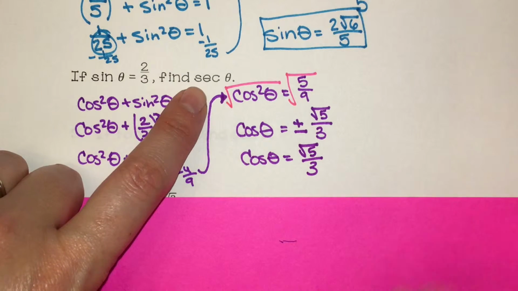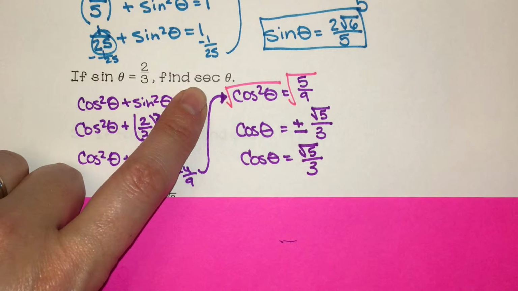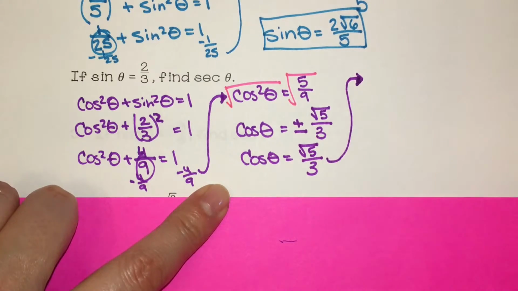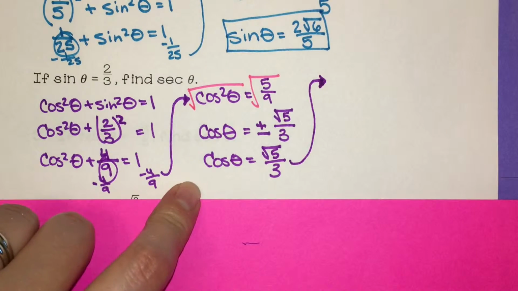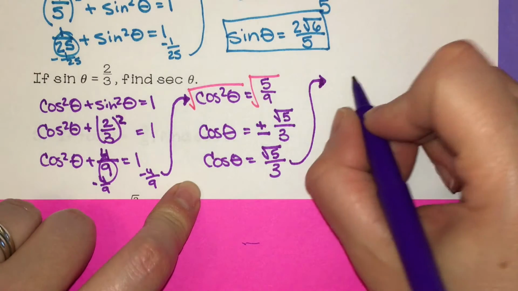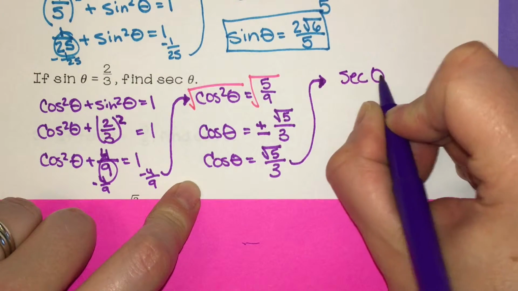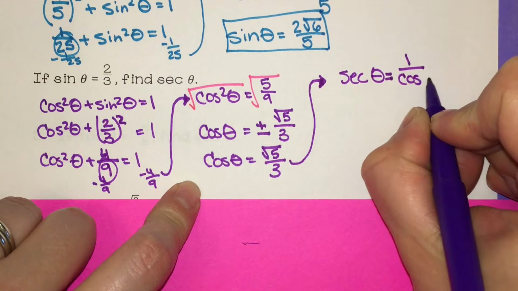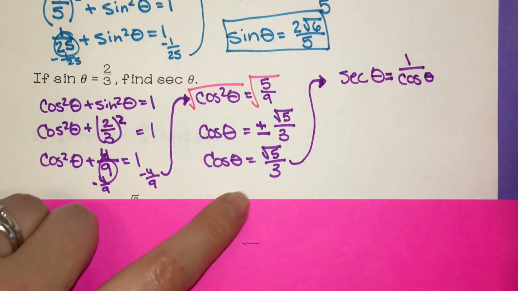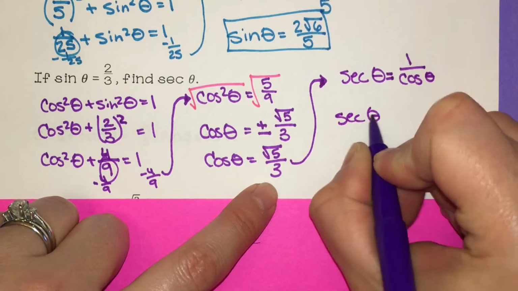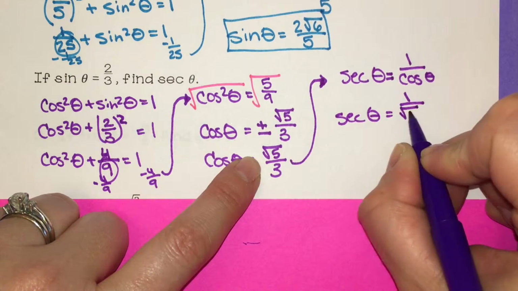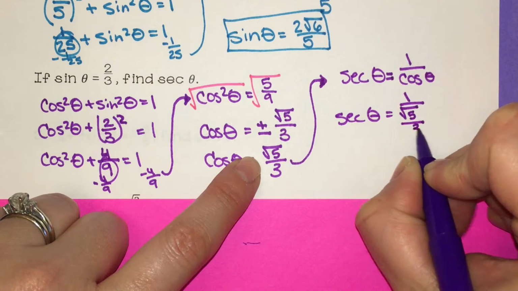But I want to know secant. Let me just move this up one more time. All right, I know from my formulas that secant theta is equal to 1 over cosine theta. So I have secant theta equals 1 over cosine theta is equal to 1 over the square root of 5/3.